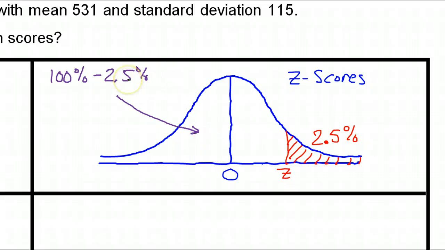So you can probably do this one in your head. This is going to be 97.5%. All right, 97.5% is the left part of the distribution. So even though we want the top 2.5%, we'll worry about that later. It's the 97.5 that you must use. You must use the percentage to the left of the z-score no matter what.